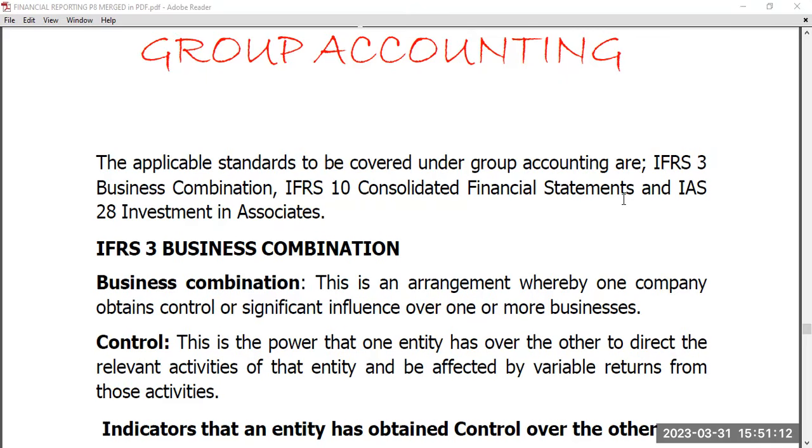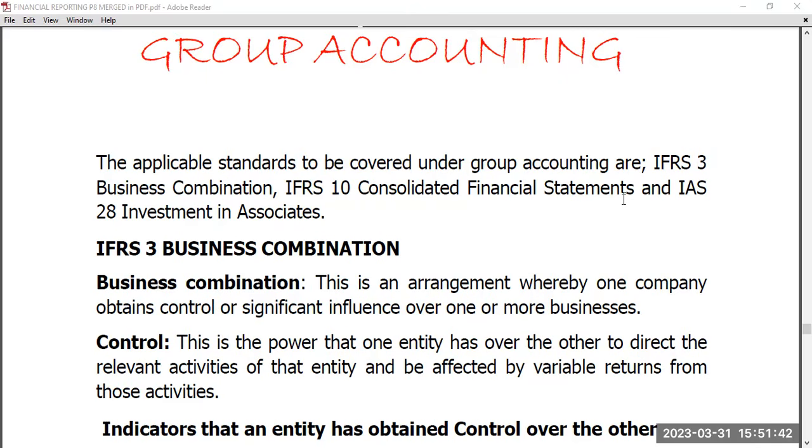So as students of financial reporting level 2, what we have to cover in group accounting is that we are just going to pick out the basics or some of the starting aspects of group accounting, so that by the time we reach level 3, we are going to an advanced stage of group accounting.